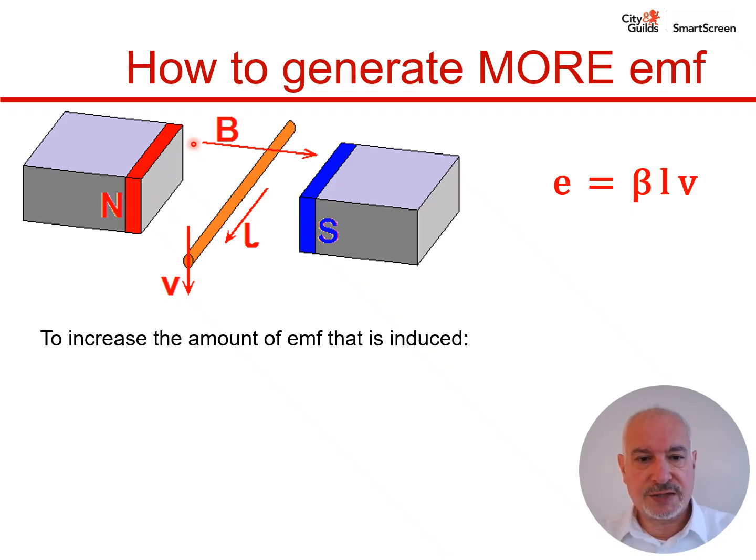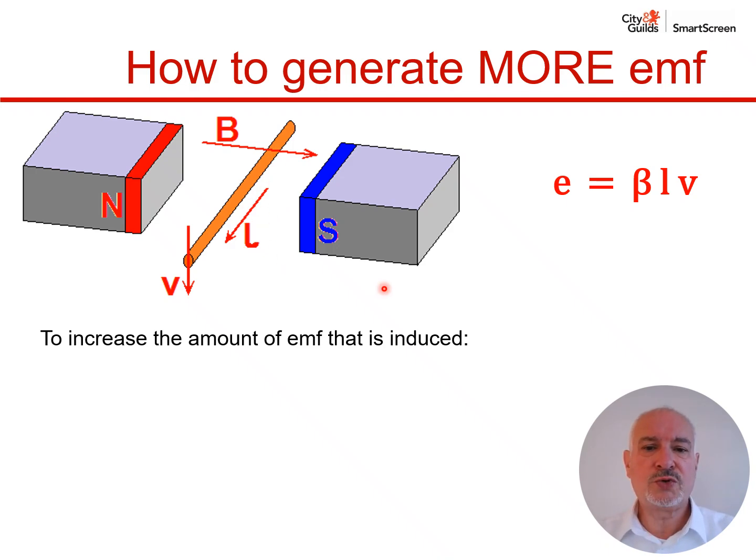So this represents the magnetic field, so the lines of flux are flowing north to south. The little v there and the direction of the arrow indicates a movement and the speed or the velocity of that movement in this direction. And then there's another arrow here, and this represents the length, so L for length, the length of the conductor.